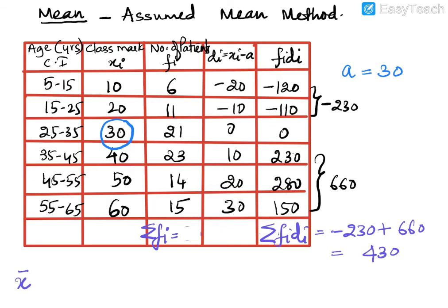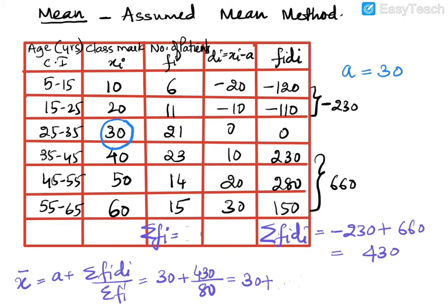So the mean x bar is equal to A plus summation Fi di divided by summation Fi, that is equal to 30 plus 430 divided by 80, that is 30 plus 5.38, that is equal to 35.38 years. Now let's compare the value of mean with value of mode.